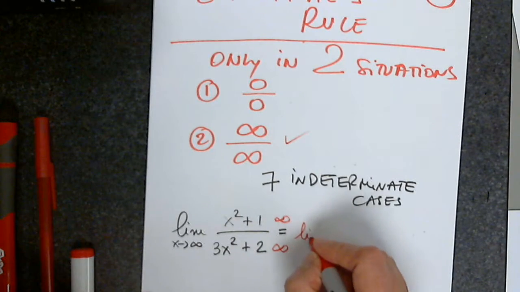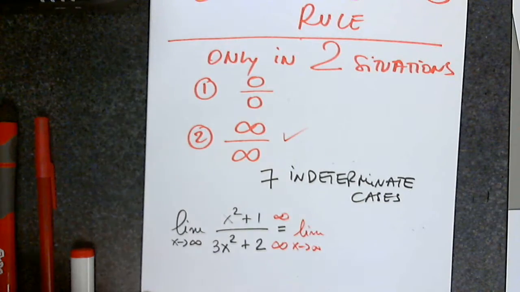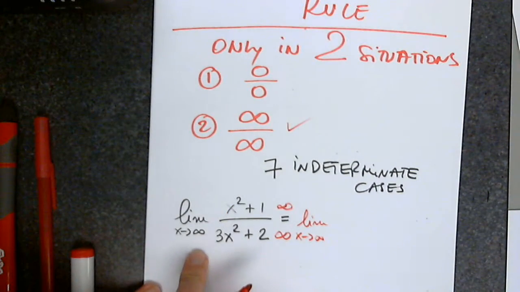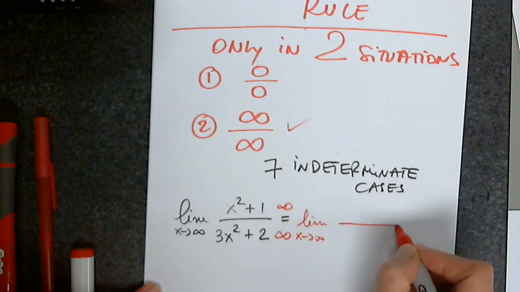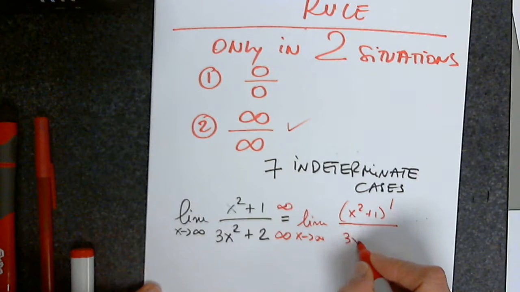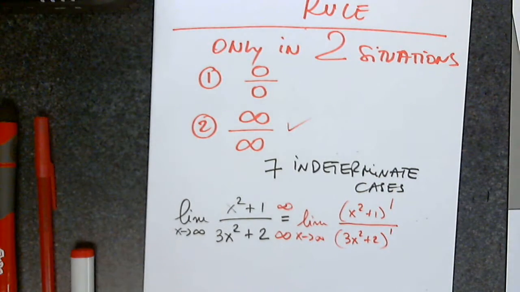So L'Hopital proved, this mathematician proved that in these two situations, if you want to determine the limit, you can differentiate the top and differentiate the bottom. Remember, this is not the quotient rule. It has nothing to do with the quotient rule.